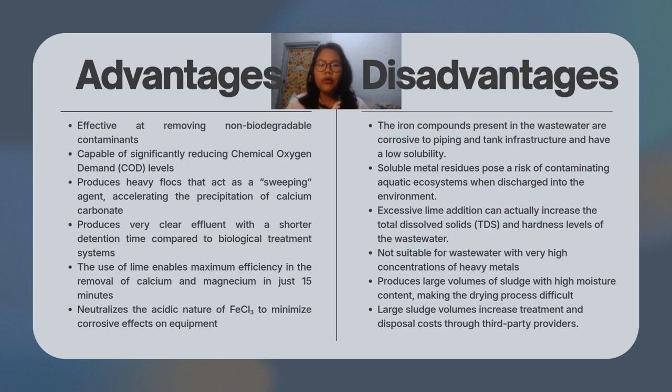It is not suitable for wastewater with a very high concentration of heavy metals. It produces large volumes of sludge with high moisture content, making the drying process difficult, and the last is that large sludge volumes increase treatment and disposal costs through third-party providers.